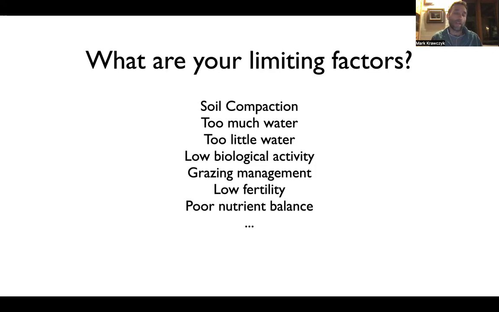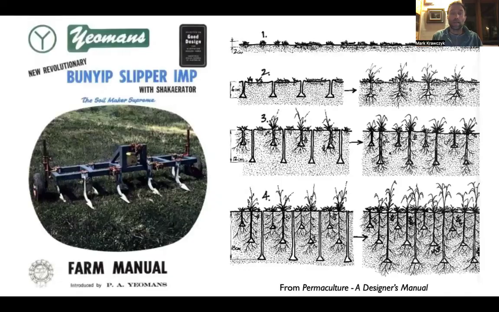These could all be limiting factors. So just to say, take the time to really try to think through what are all of your limiting factors before you just start tossing solutions at a problem. But if compaction, waterlogged soils, droughtiness are some of those limiting factors, then subsoiling may be a great strategy for you.